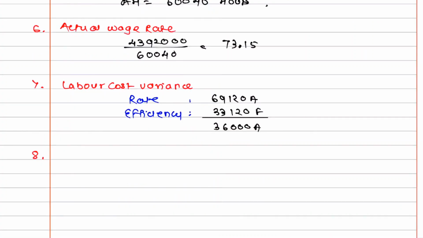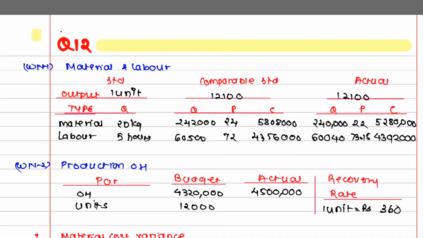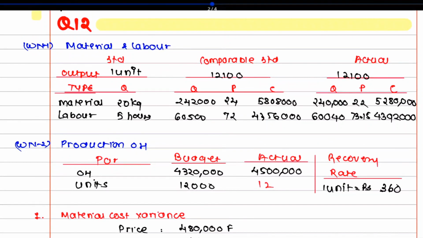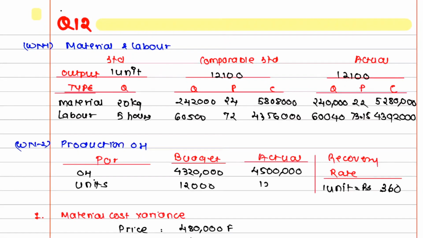Production overhead cost variance. First of all, do I know the actual quantity now? Yes, I know now. So I think you can get this fixed overhead cost variance.